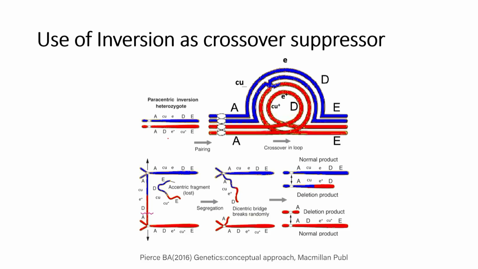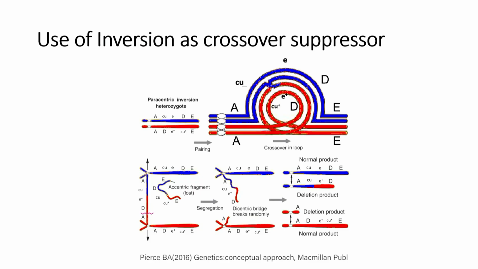The opposite strand, the other chromosome, has an inversion. So here you have Cu E, here you have Cu plus E plus. Cu plus E plus means normal. The red one does not have a mutation, but it has an inversion. Now, as I was showing you earlier, this is a loop and pairing of the two chromosomes.